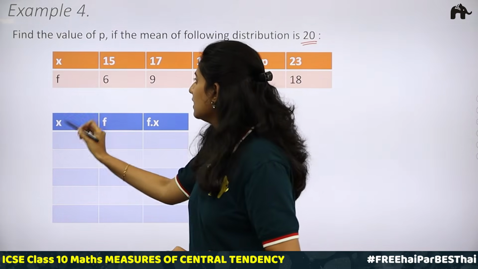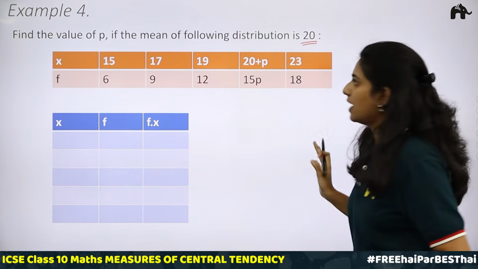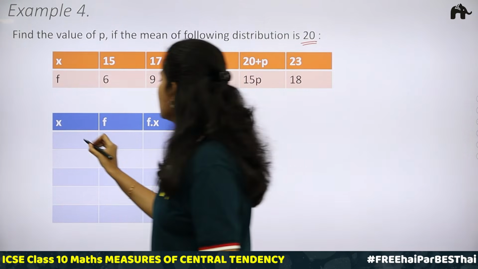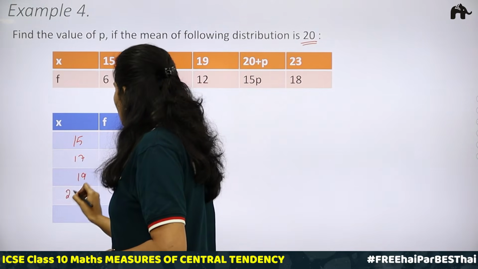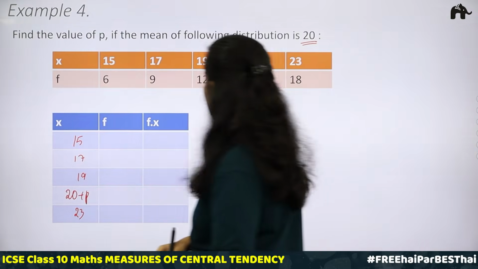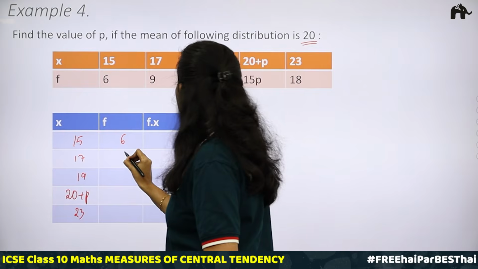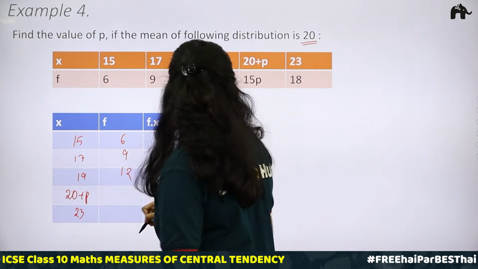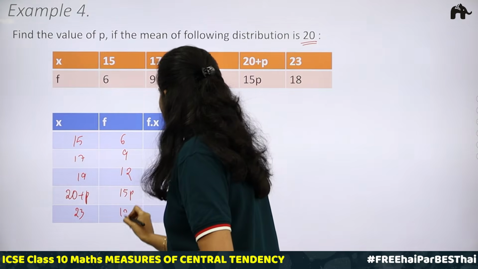So here the table should have x, f and fx, from which we will be able to find p value. What are the x values? 15, 17, 19, 20 plus p and 23. These are the x values. Next f values, here we have 6, 9, 12, 15p and 18.